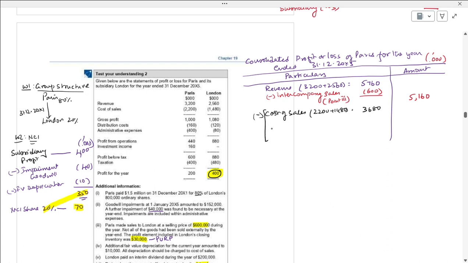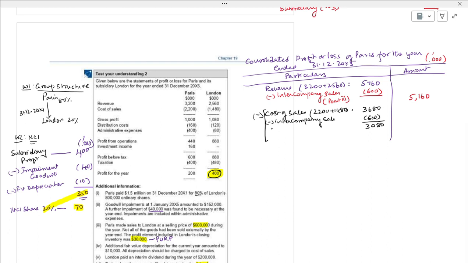There are some things to add and some to subtract. Minus intercompany sales of 600, which gives 3,080. You have to deduct it from sales, and you also have to deduct it from cost of sales.